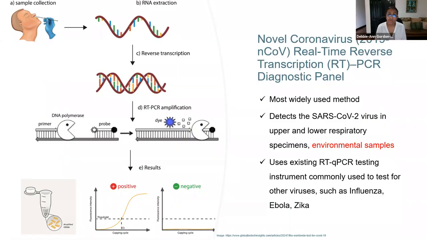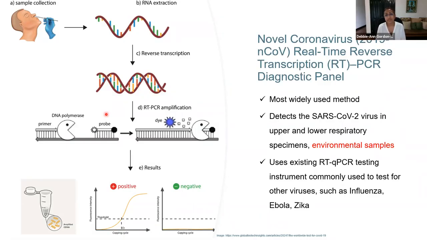To detect the COVID virus, we rely on specifically detecting a sequence of RNA that is unique to that particular virus, and this works for all viruses. Using RT-PCR, the RNA virus is converted to complementary DNA via the process called reverse transcription.